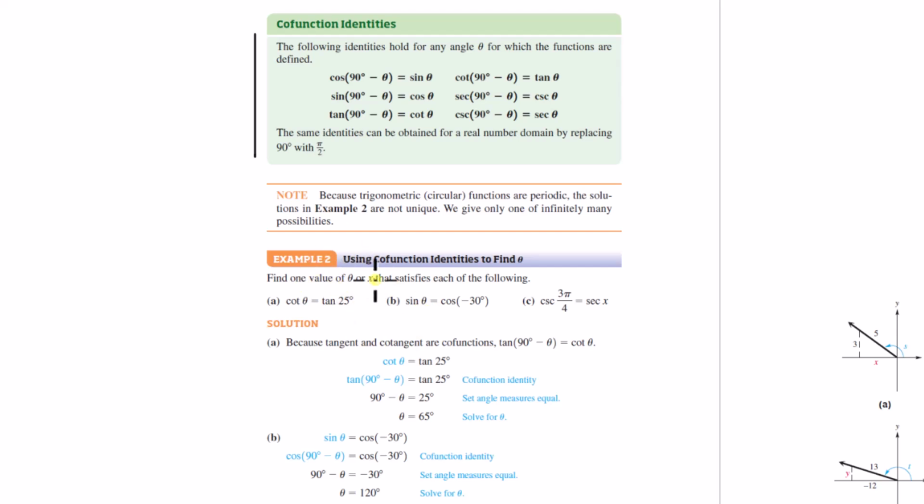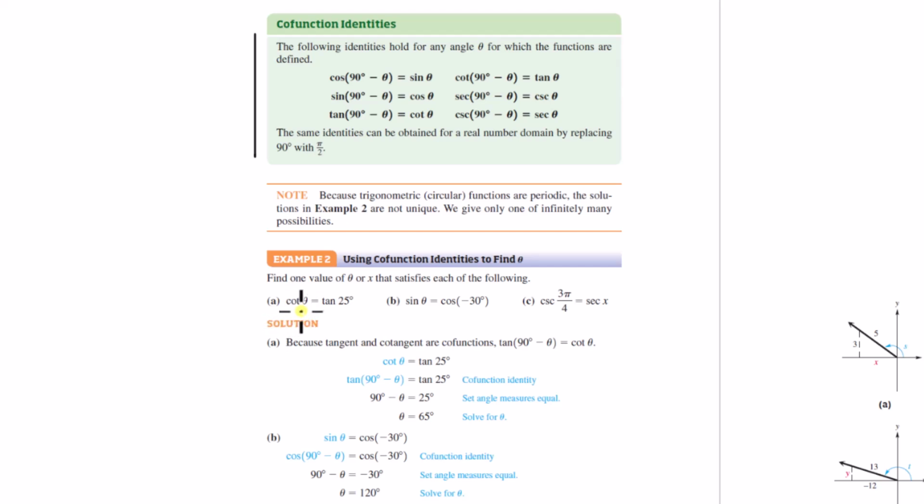But what they're saying in this note here is that you could take any angle that's coterminal with 65 degrees, so plus or minus 360 degrees, or 2 pi, and that's going to be the exact same trig function value. Because of the periodic nature of the trig functions, that's going to be a valid answer.